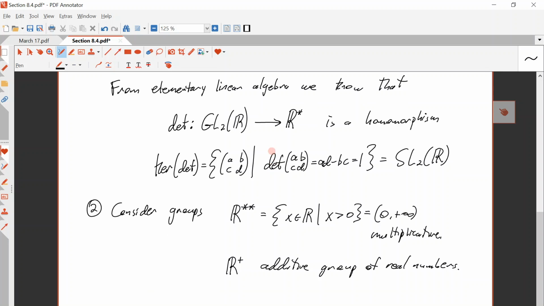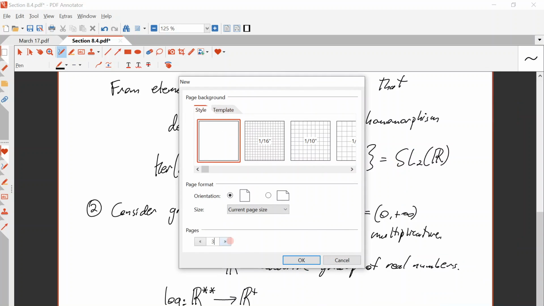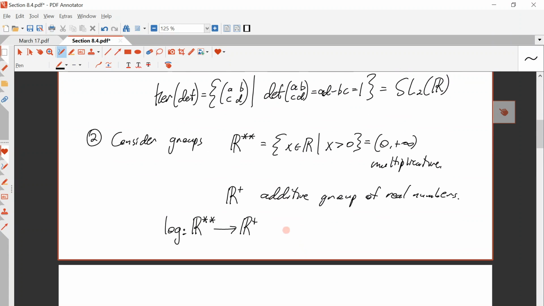And the log function from R star star to R plus is a homomorphism, because log of ab is log a plus log b.